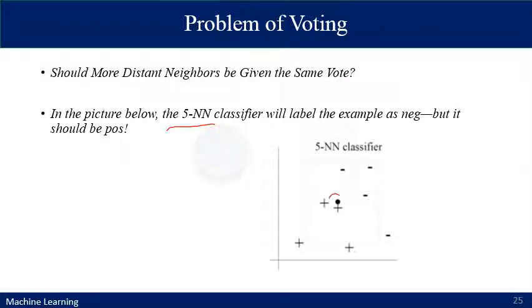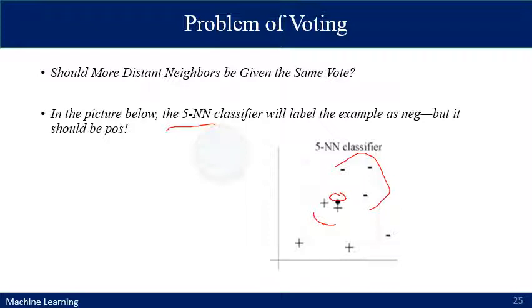If we employ the 5 nearest neighbors, we can see that the two nearest neighbors are positive and three are negative. Therefore, this example will be classified as negative. However, this is wrong because it is closer to the positive example.